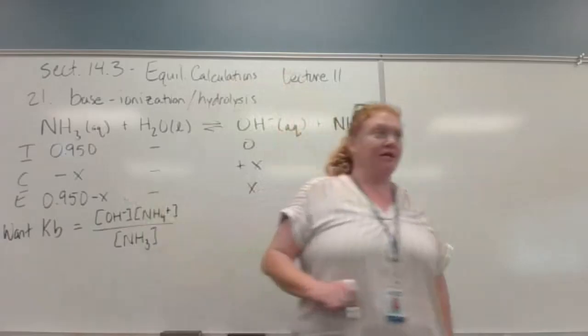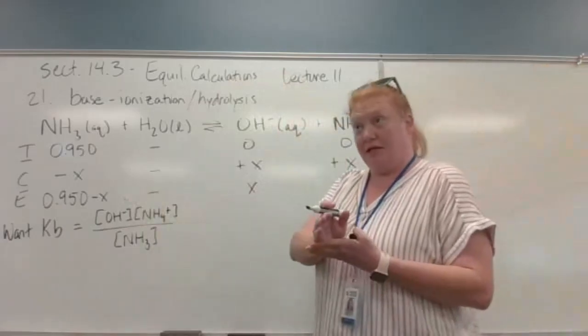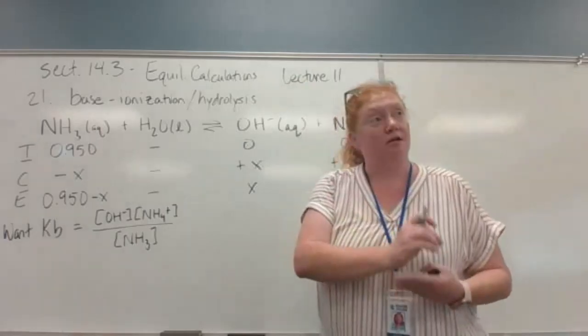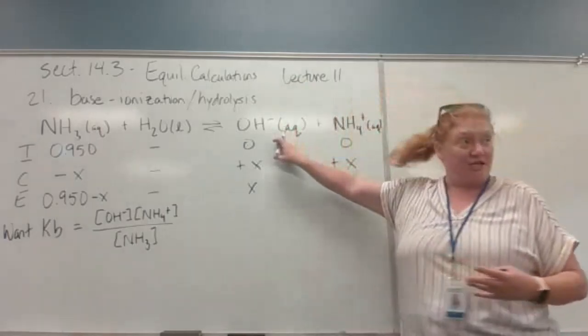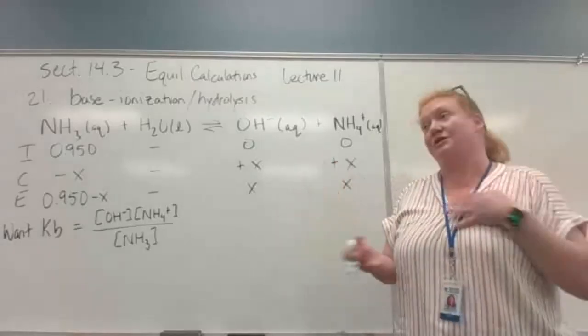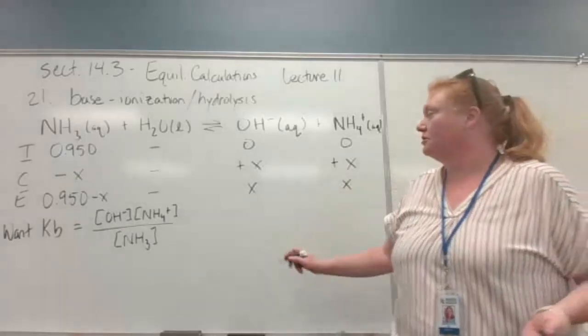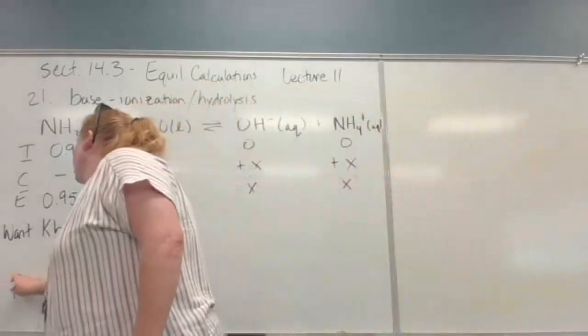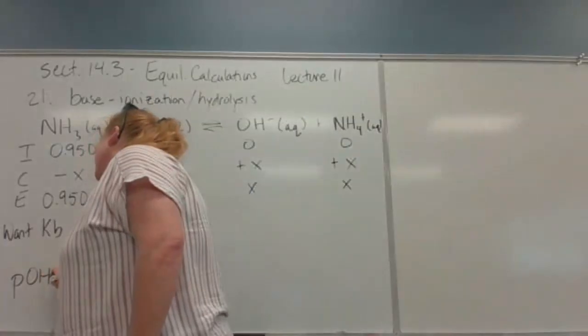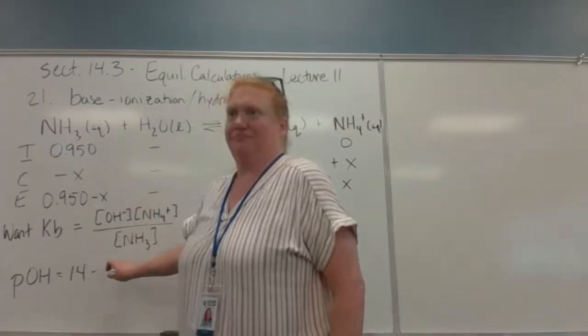Let's use the pH that was given to us. But pH would give me the H3O plus concentration. I don't have H3O plus here. I have a base, I have hydroxide. There's multiple ways you could do this, but this is the way I see as easiest. To me, it's very easy to remember: I do 14 minus this number.